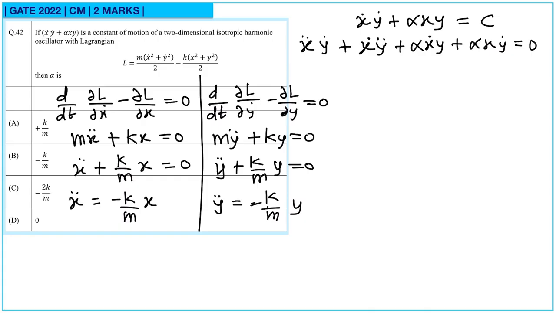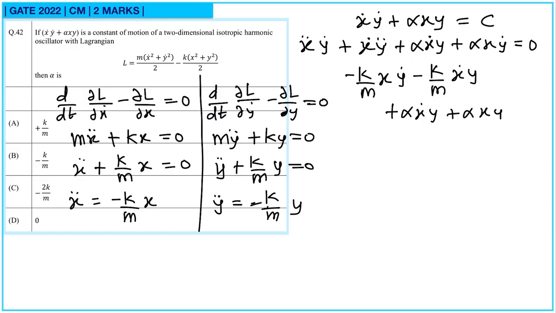So this will be equal to minus k by m into x y dot minus k by m into x dot y, then plus alpha x dot y plus alpha x y dot, and that is equal to 0.